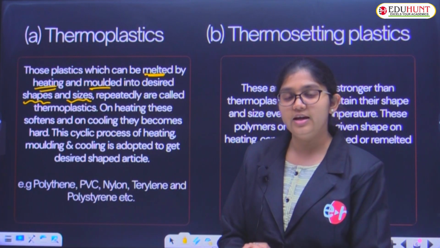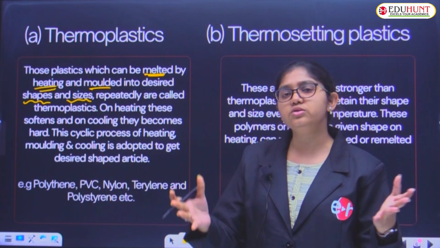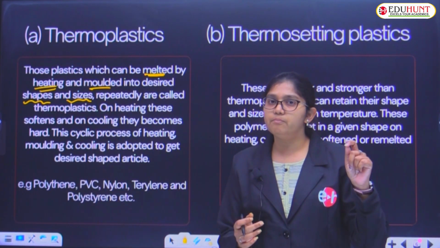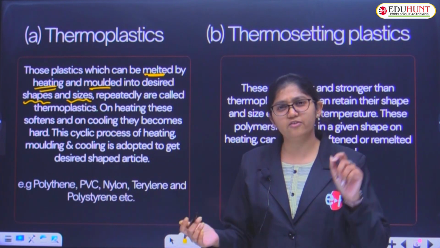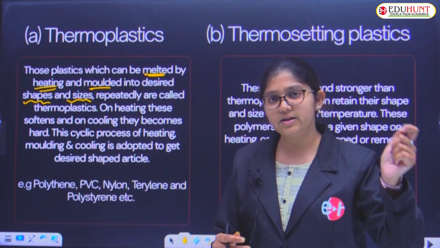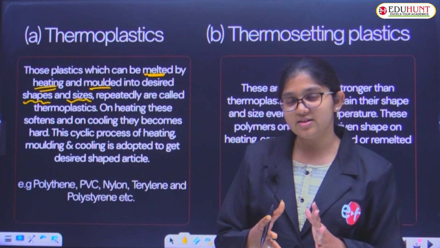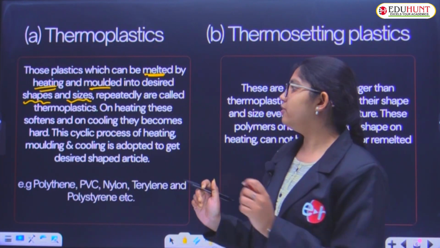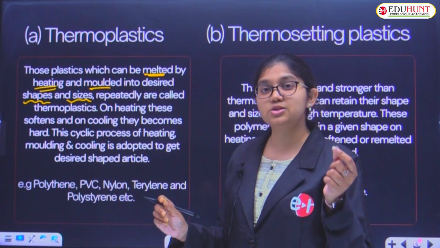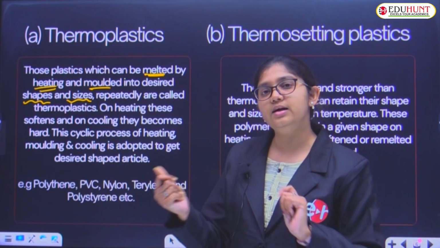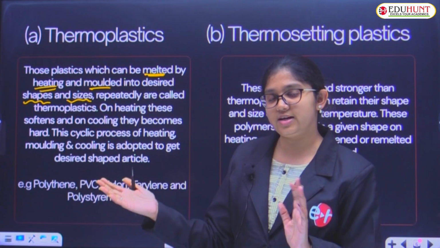Very easy. Okay, children, if you ever see plastic covers, for example a kurkure packet or a Lay's packet, if you ever hold it near a candle, అది కరిగిపోతుంది కదా ఈజీగా. Like that. So if we apply some amount of heat, what happens? The material becomes softened so that we can easily prepare the article in the desired molded shape.